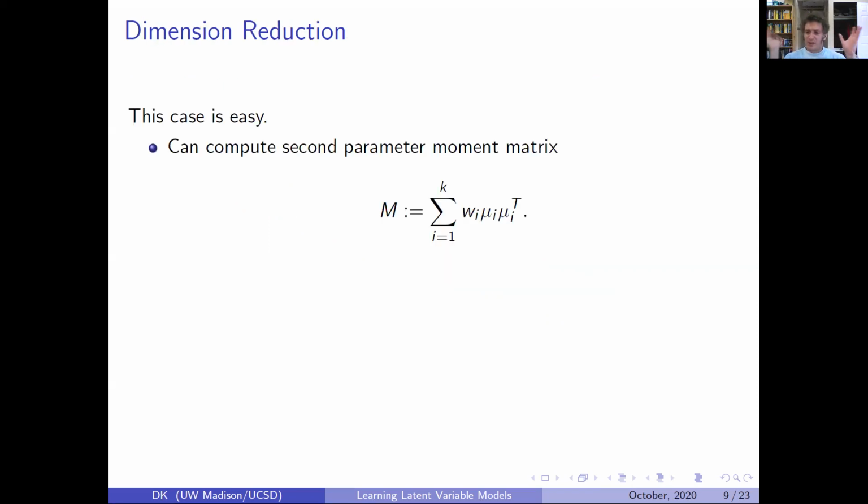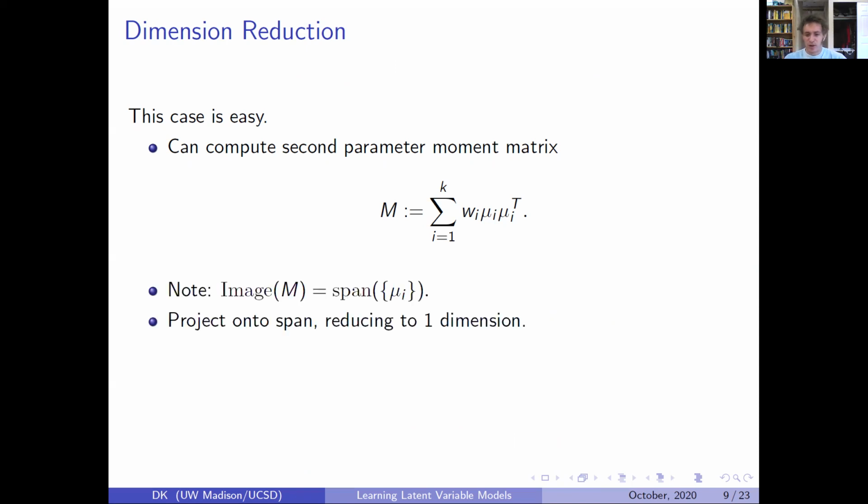Okay, but it turns out that this particular example that I gave you was actually easy to solve. Because remember, we can compute the second moment matrix. This was M, something like the sum i going from 1 to k of w_i mu_i mu_i transpose. And if you look at this, you'll note that the image of M is the span of the set of means.